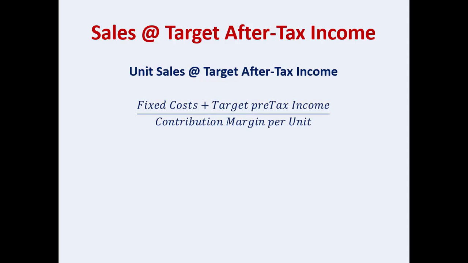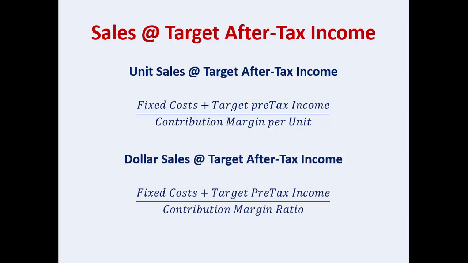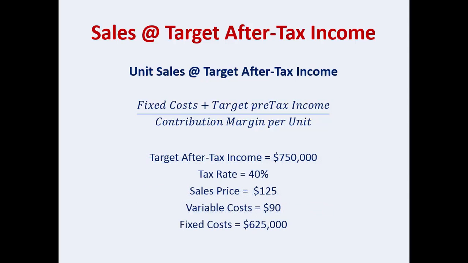And we calculate that the same way, only we're adding a little number, that target pre-tax income that I want to make. Because contribution margin is how much is left after covering variable costs to cover my fixed costs and any profit. So I take fixed plus my target income I want to make, divide that by the contribution margin per unit, and if I want to solve for dollars, contribution margin ratio.